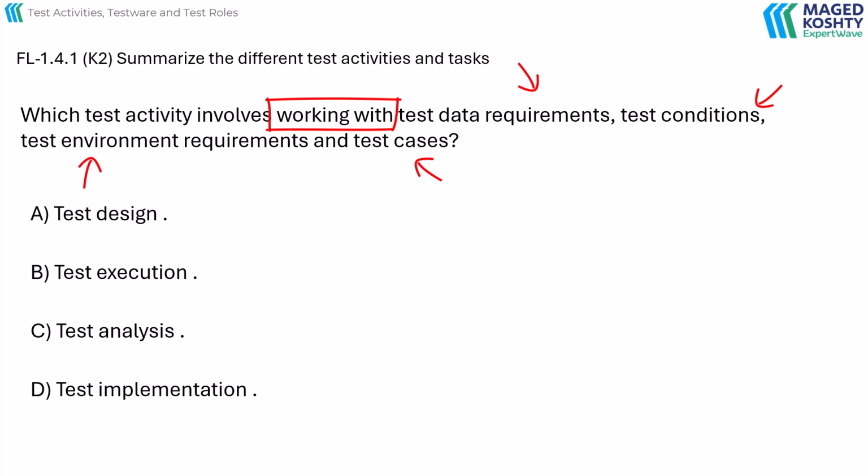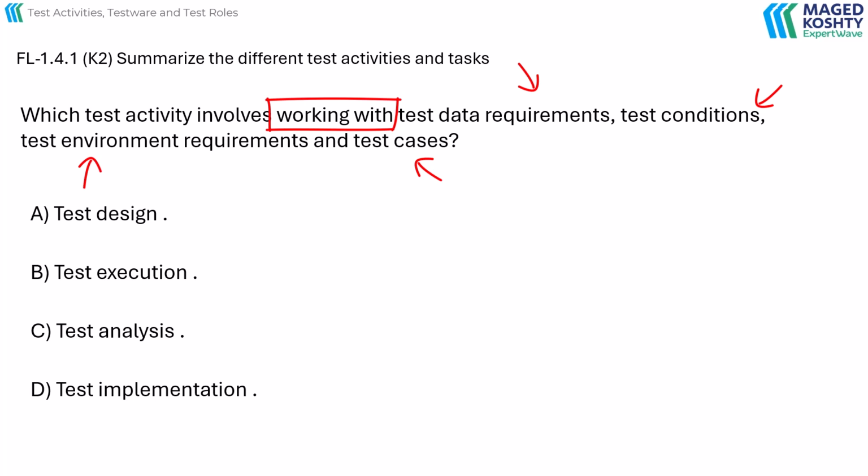We know the output of the test design phase is the test environment design. So the input should be the test environment requirements, even though the term test environment requirements was not mentioned in the syllabus. But the logic says the input to any design phase is requirements, and the output is the design.